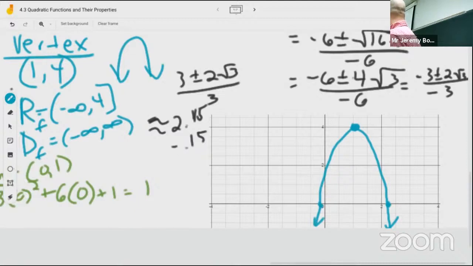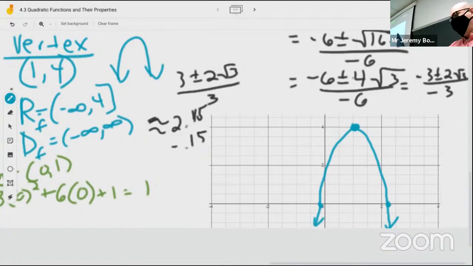Any questions on that? Usually you'll have better intercepts to work with. I thought this one would, until we saw the 48. I was like, uh-oh, can't take the square root of 48. Any questions on that?